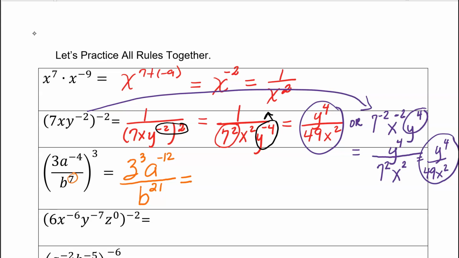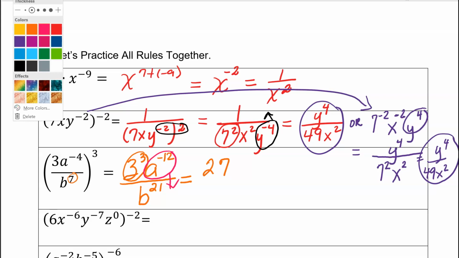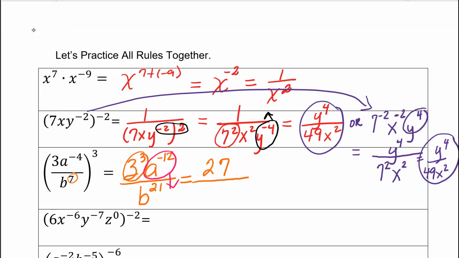Now, 3 to the 3rd power is 3 times 3 times 3, which is 27. But what we're going to do is let's move this to the denominator, right? So I'm going to put it in the front since a comes before b. So a to the 12, b to the 21. So 27 over a to the 12, b to the 21 power.